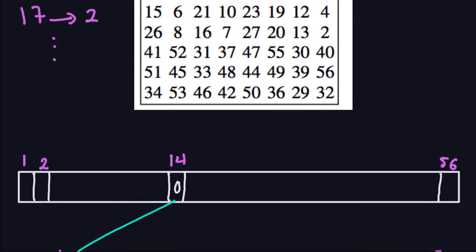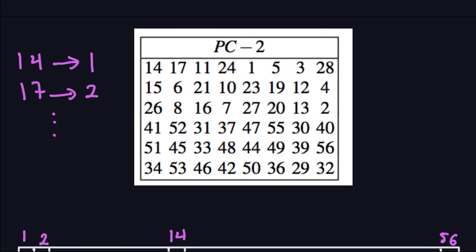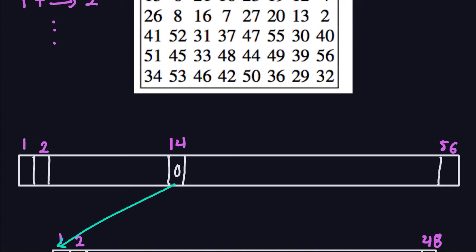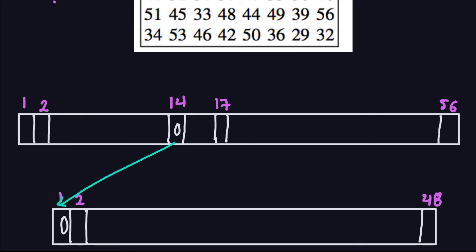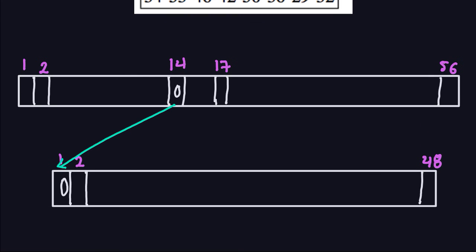Similarly with the other one. If I have 17, the 17 will go into position 2. Let's say I have 17 over here, very close to 14. Again, this is not to scale. If this is 17, then whatever bit is in there will go to position 2 in the 48 bit block.